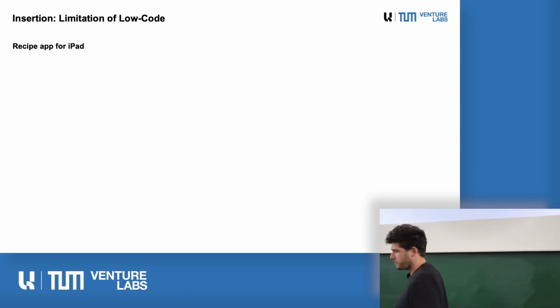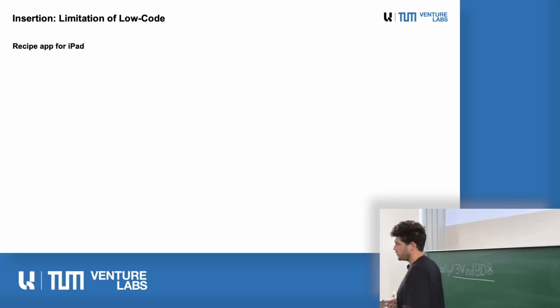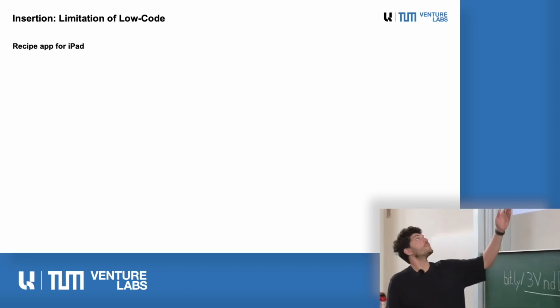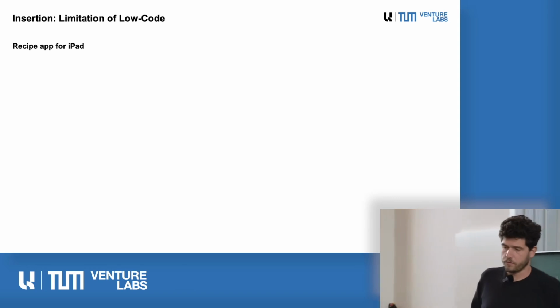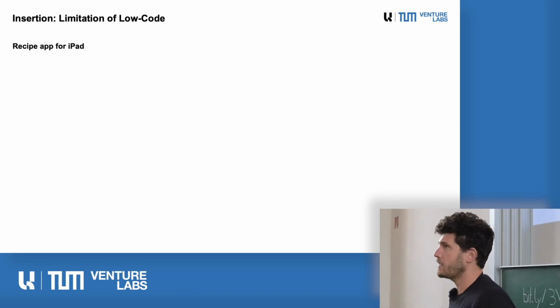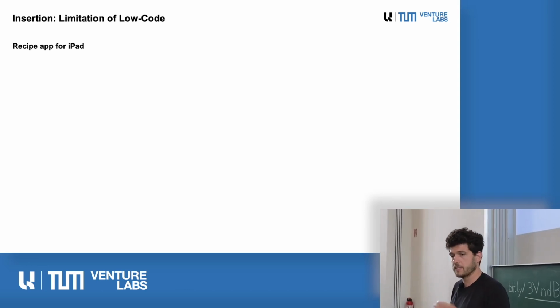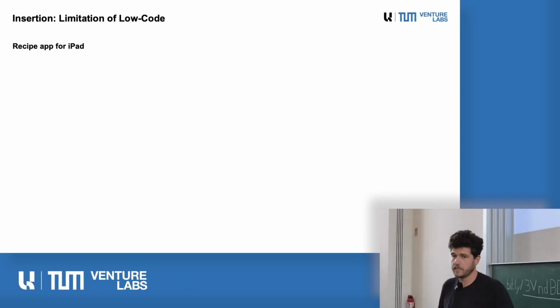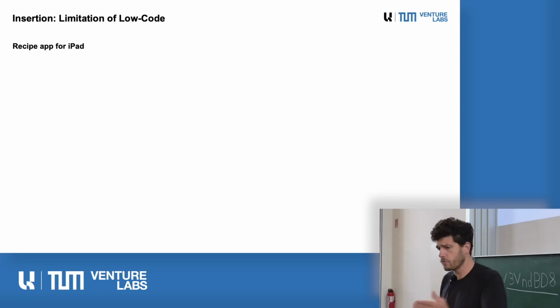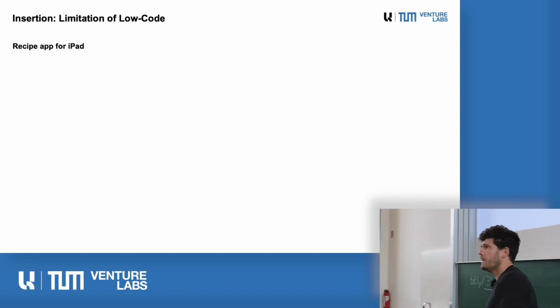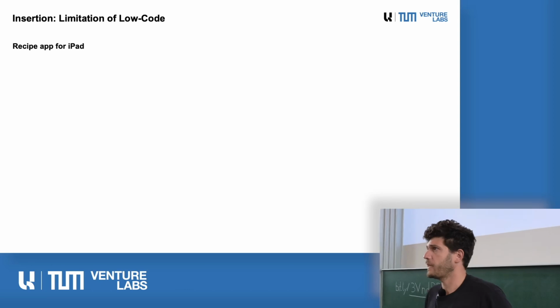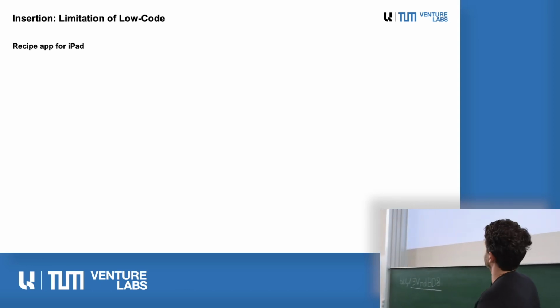One thing we try to build, or that we do build, is this ERP app. So we wanted to build a recipe app for an iPad. In our production, we just have the iPad where the employees can see what to produce on that specific date, the recipes, and work through the recipes basically step by step. It should be, from the data perspective, a rather simple thing to do.